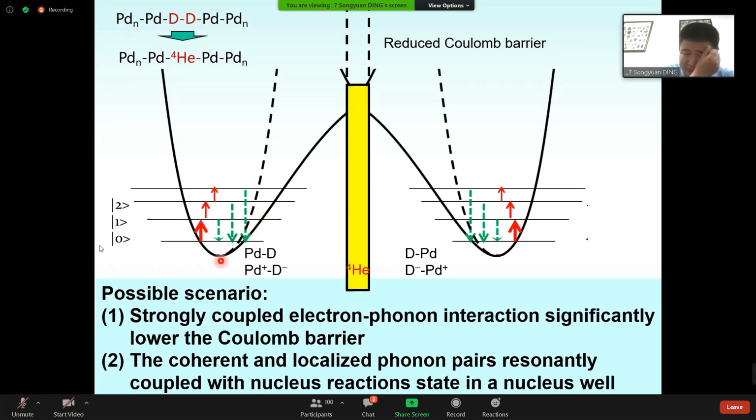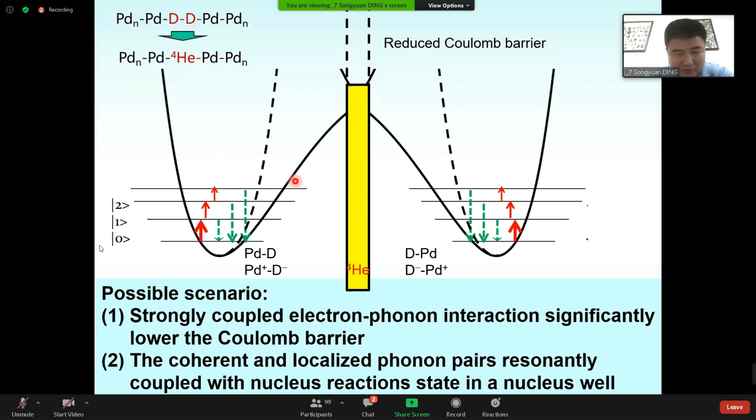So that's why for the low energy nuclear reaction, the condition of the reaction is very tricky, and the energy window is also very narrow. First of all, you should make the reaction take place. Secondly, the heat should be released by the phonon, so it may destroy this reaction condition.